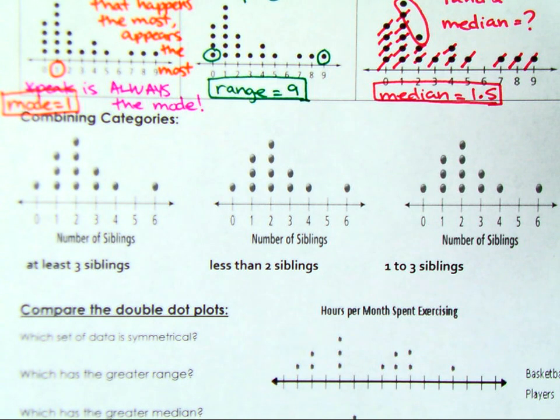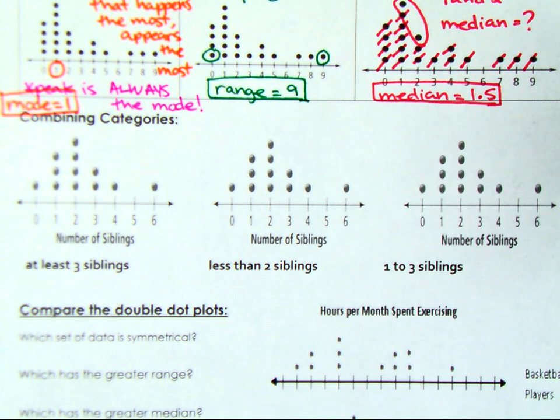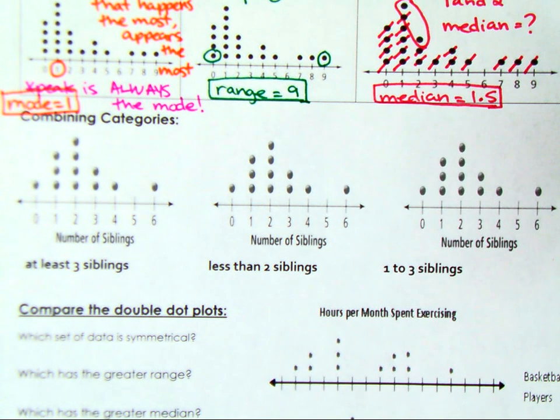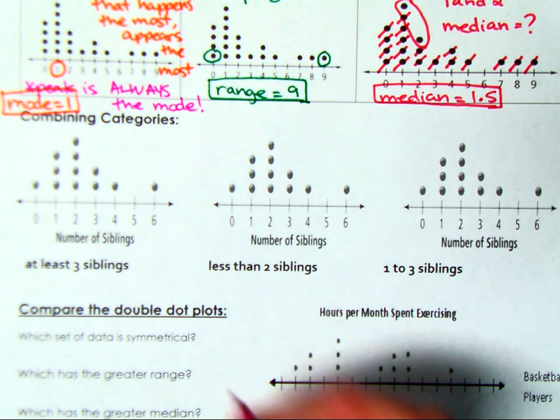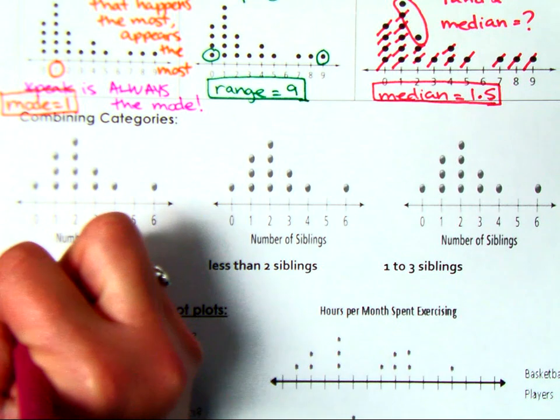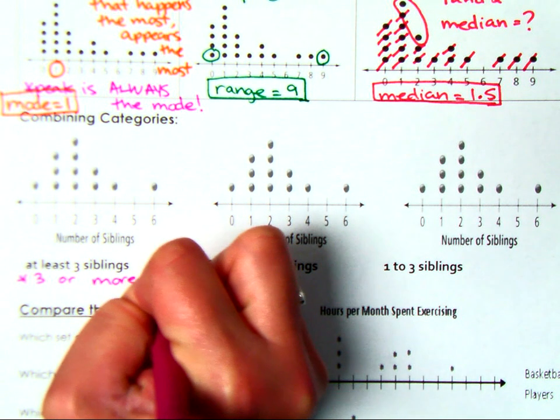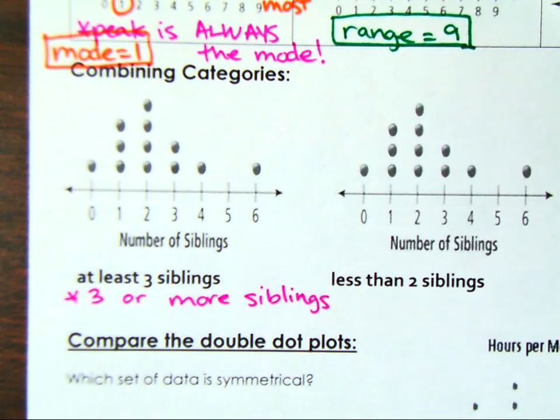Okay? So this graph actually is the same graph each time, but these are the questions that we're looking for to answer. So how many have at least 3 siblings? Well, at least 3 siblings means 3 or more siblings. So again, this is the same graph each time, so let's just zoom in.